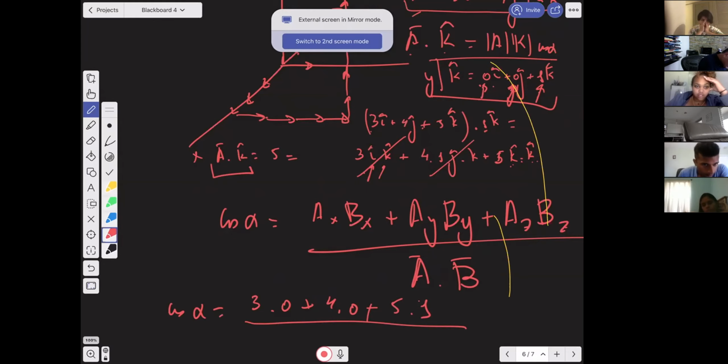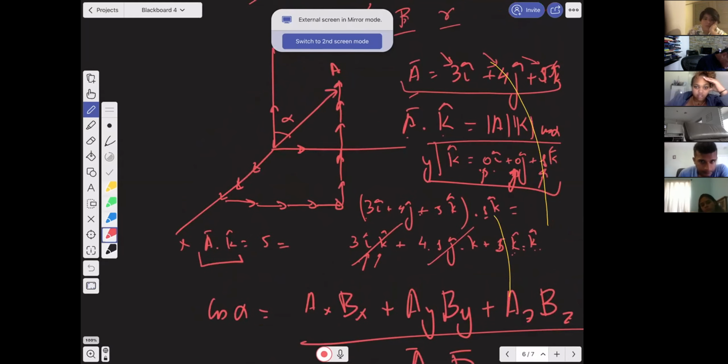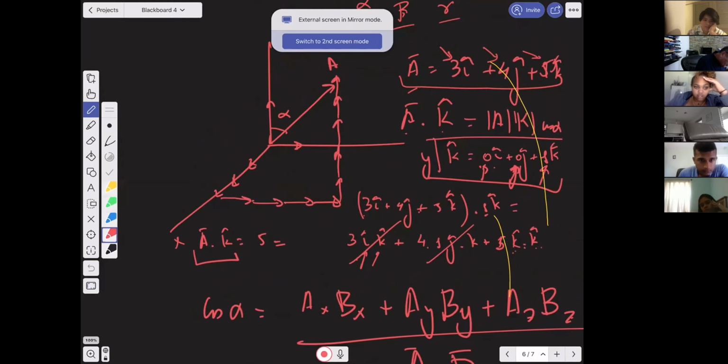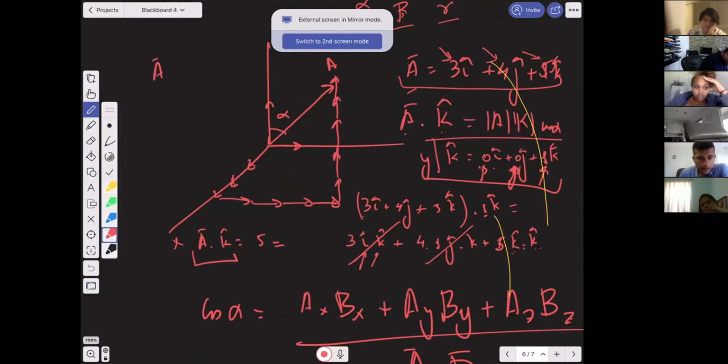Sorry, I am making the magnitude of A by the magnitude of k by the cosine of alpha, and this has to be 5.